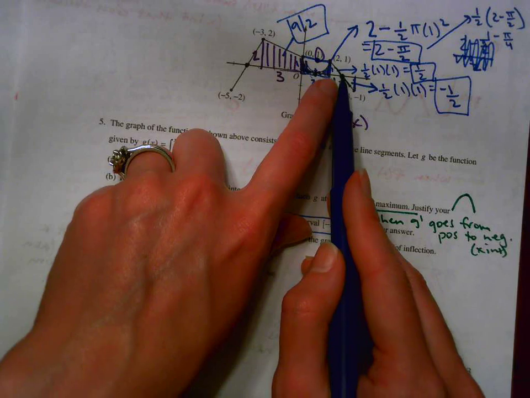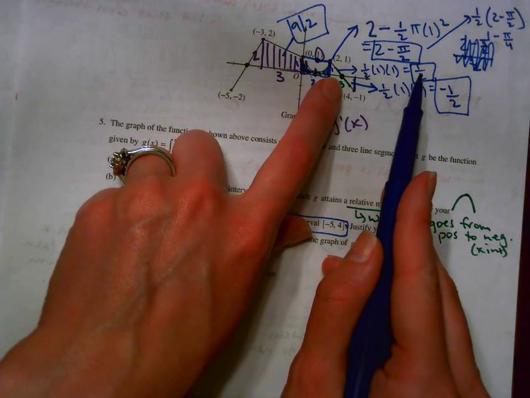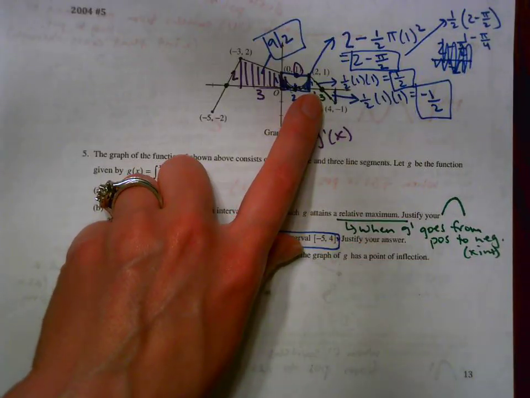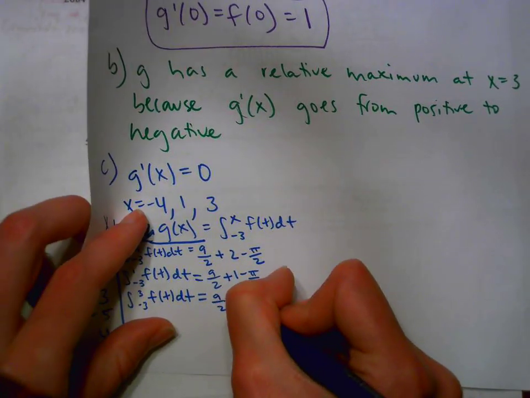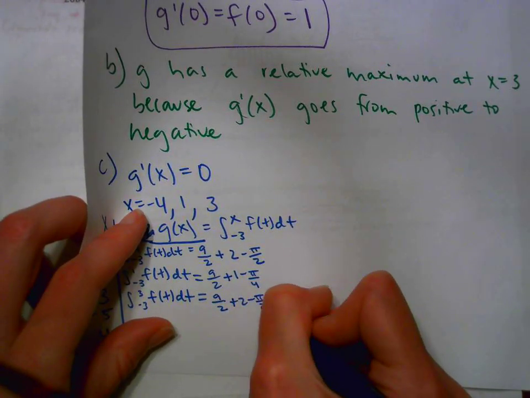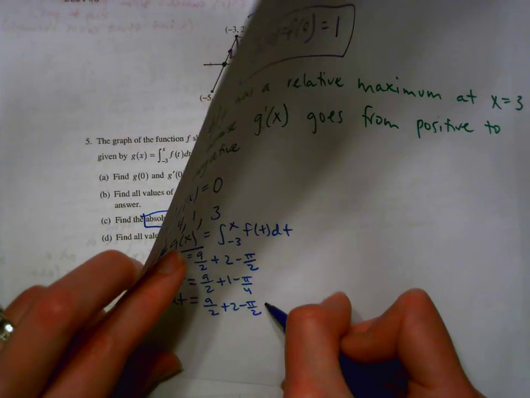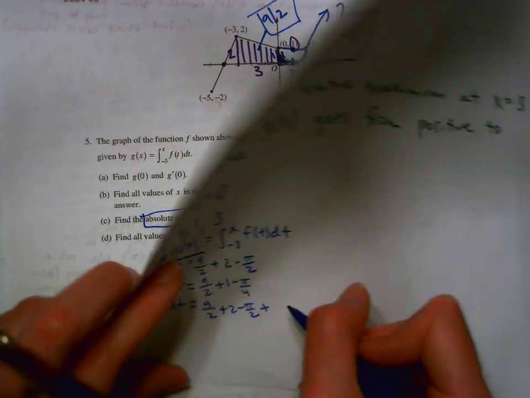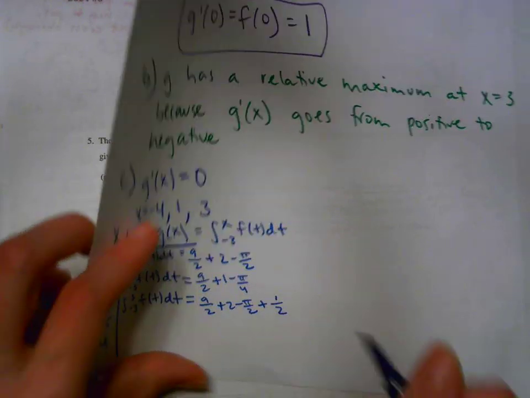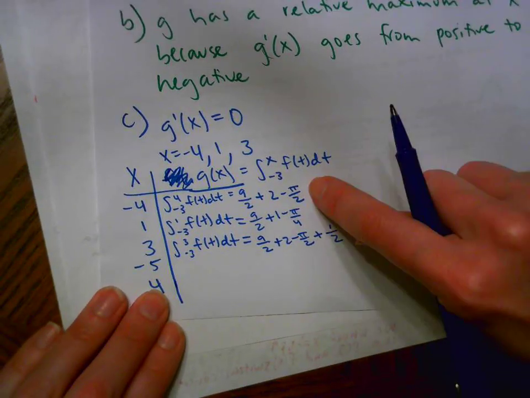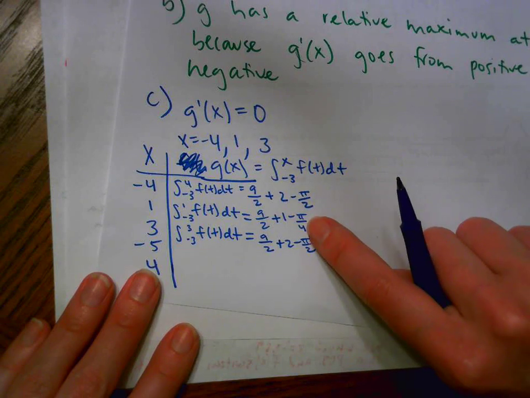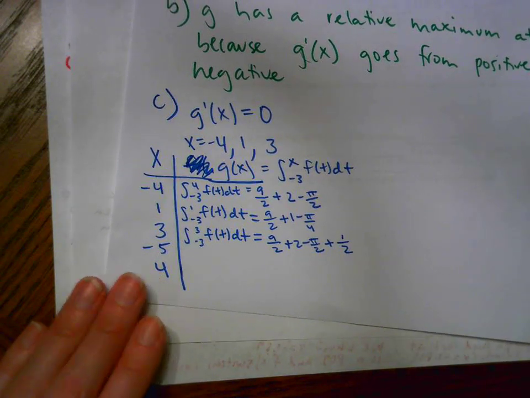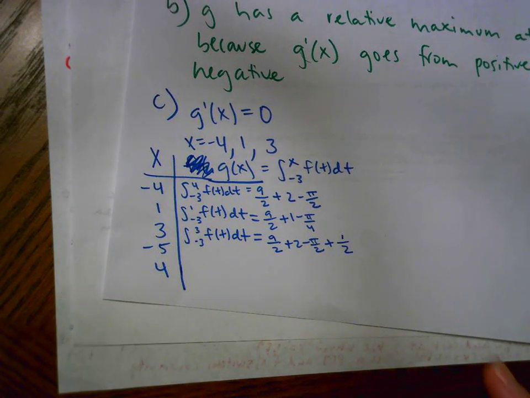And from 2 to 3 is a triangle with the area of 1/2. So it would be 9/2 plus 2 minus pi over 2 plus that area of the triangle, which was 1/2. We can already see this is going to be larger than this, right? And also this should be larger than this. So you don't have to actually evaluate them.